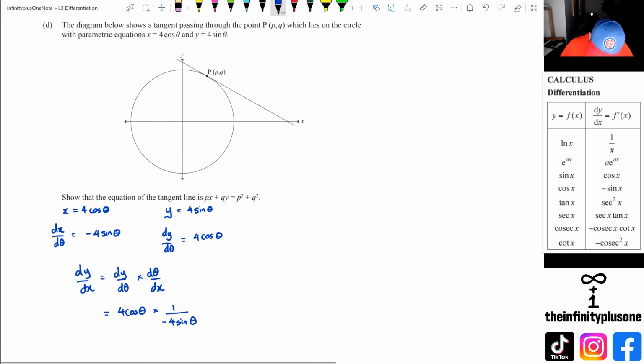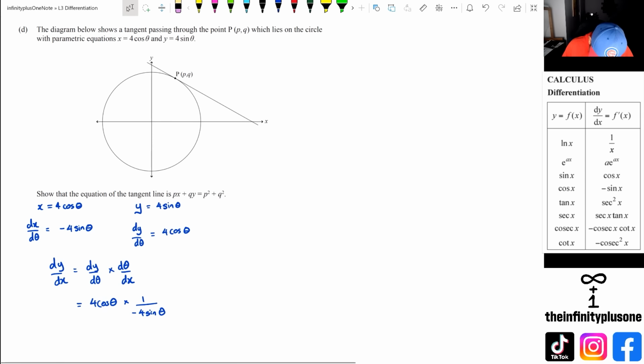And when we do this, I'm going to get dy dx equals 4 cos theta over negative 4 sine theta. Now, this is our gradient function.